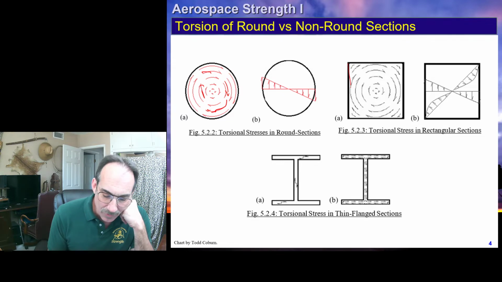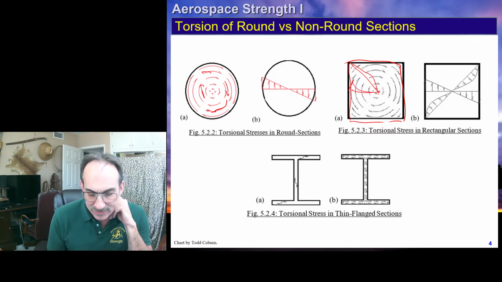If our section is square, it's distorted a bit, but it can follow nearly the same relationship. For most of this, you can keep going around, but as it gets narrower and narrower, any shear stress moving into this flange can't go like this. It has to turn and come back.